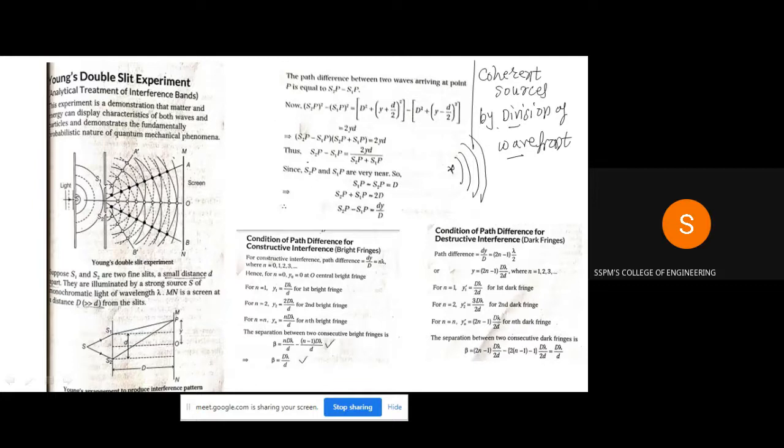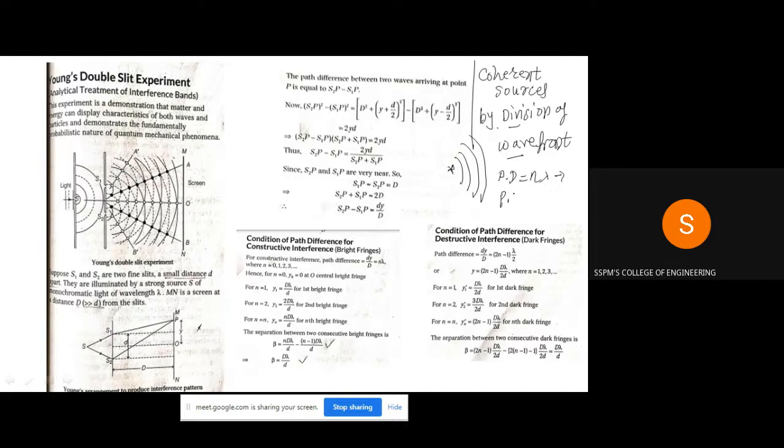As per that, with reference to Young's double slit experiment, we have obtained the path difference. The important condition is that the path difference should be an integral multiple of lambda; that is the condition for constructive interference.